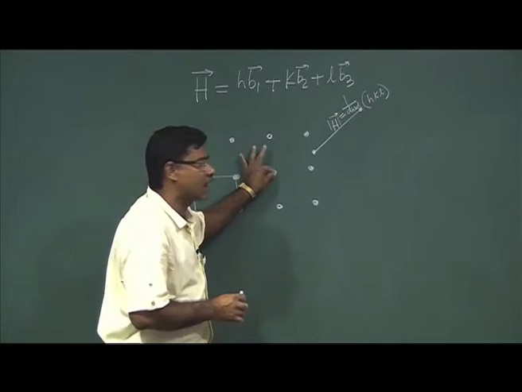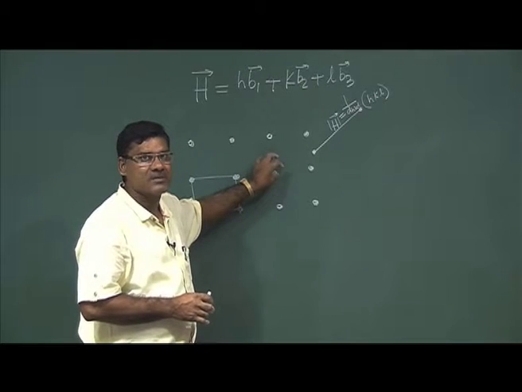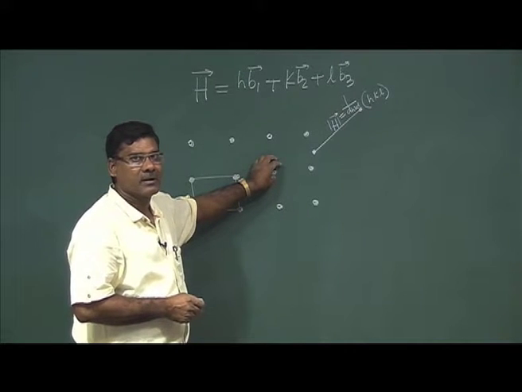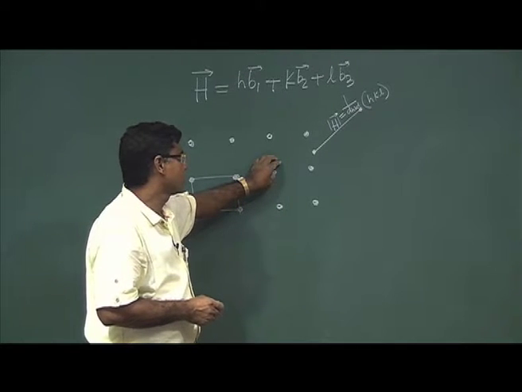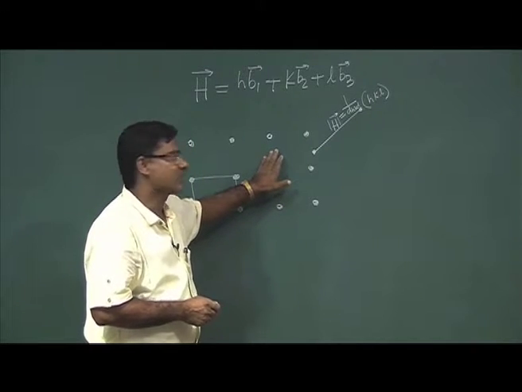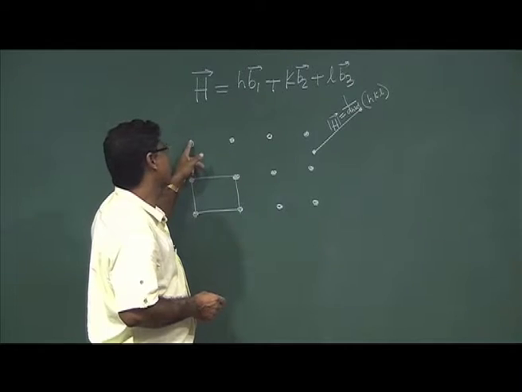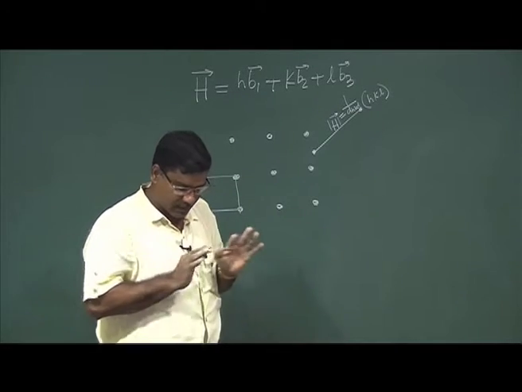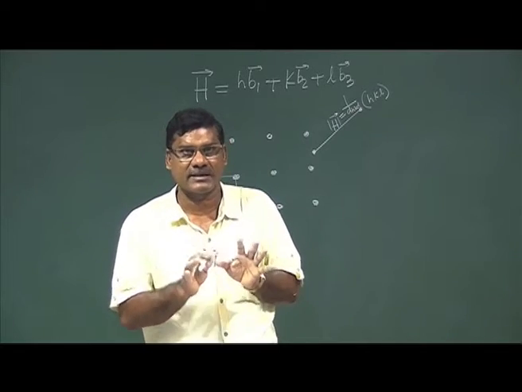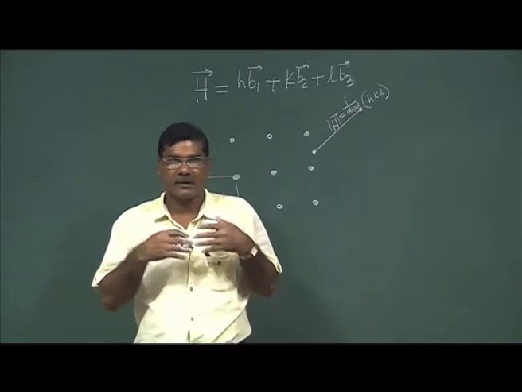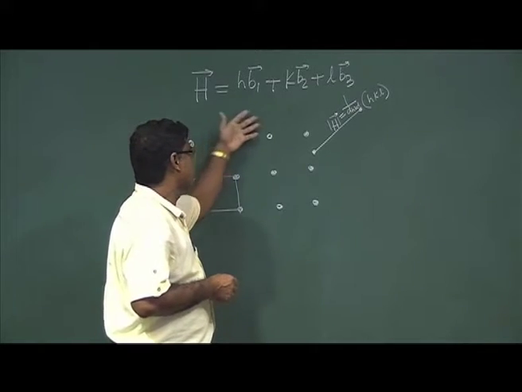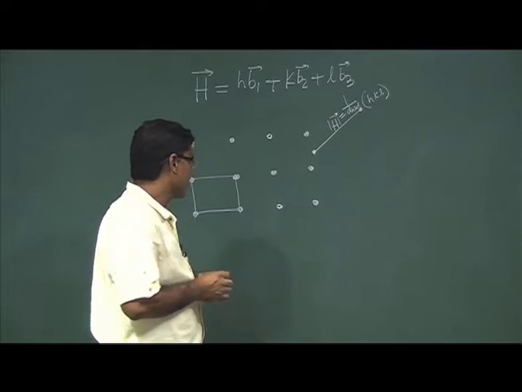Each point is called a reciprocal lattice point, and the surrounding of this point will be the same as the surrounding of the other points. So, whatever applies in the case of direct lattice, crystal lattice or space lattice, all of it applies for these cases also, right.